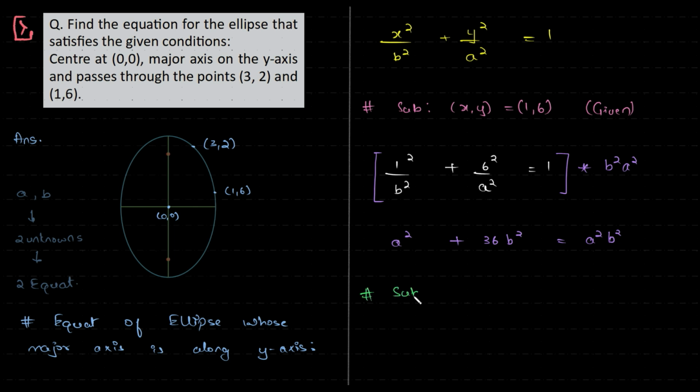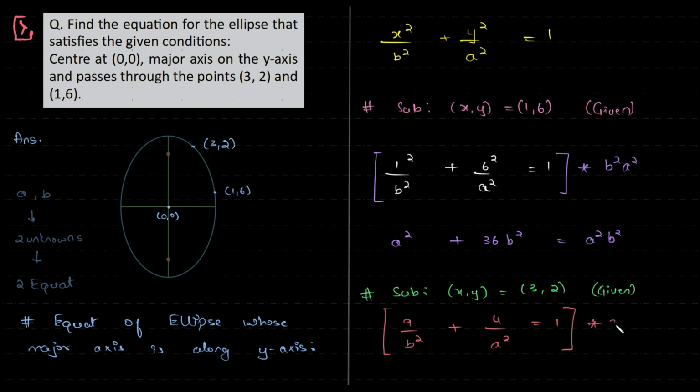Next, let's substitute x, y as (3, 2). This is given. And so we have 9 by b square plus 4 by a square, which is equal to 1.